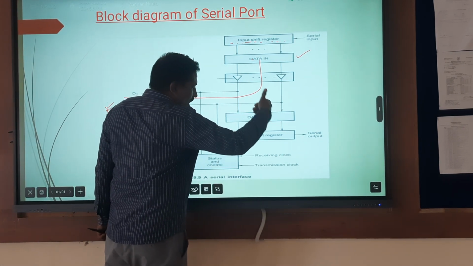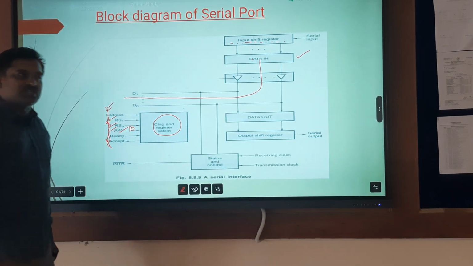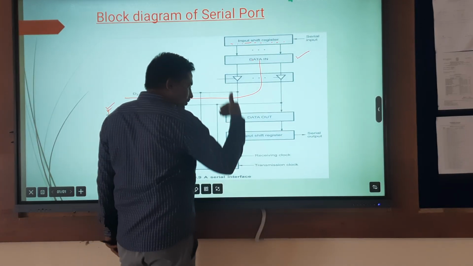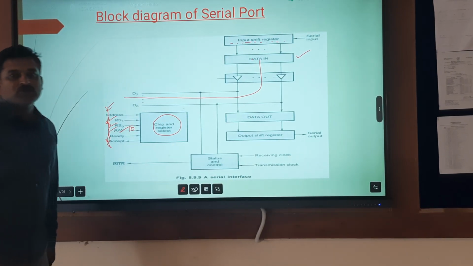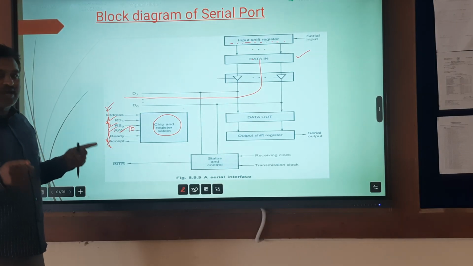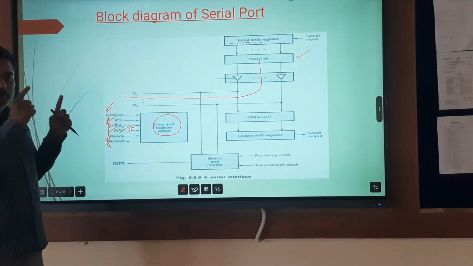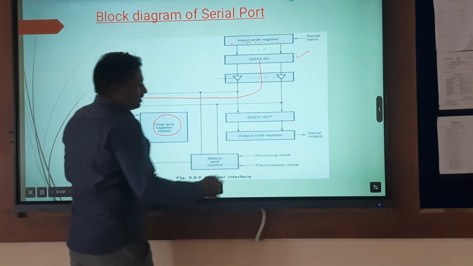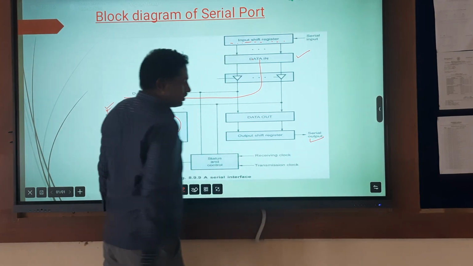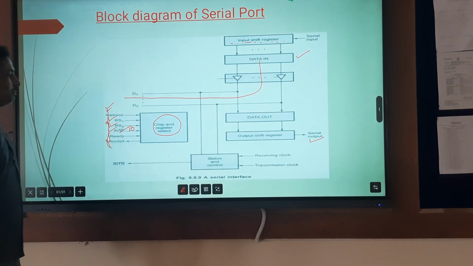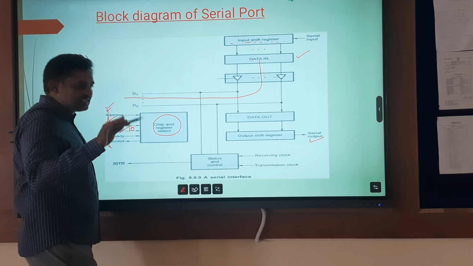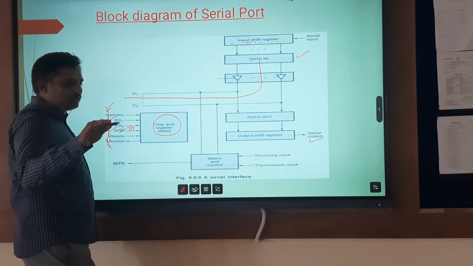Then from the data out register to the output shift register is also in parallel form. Once the data has entered the output shift register, there is a conversion from parallel to serial form. Then the data will be sent out serially, that is bit by bit. So in case of write operation, what is going to happen?